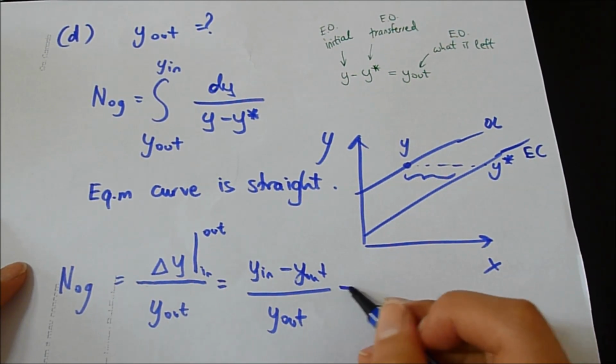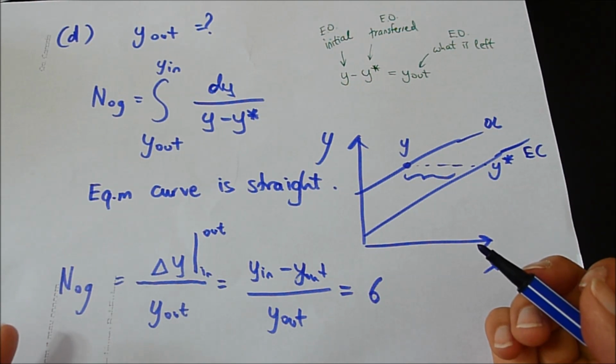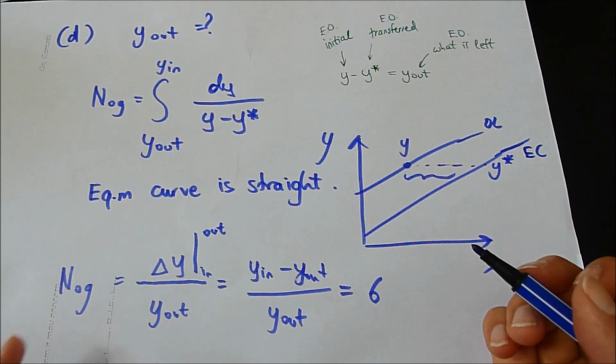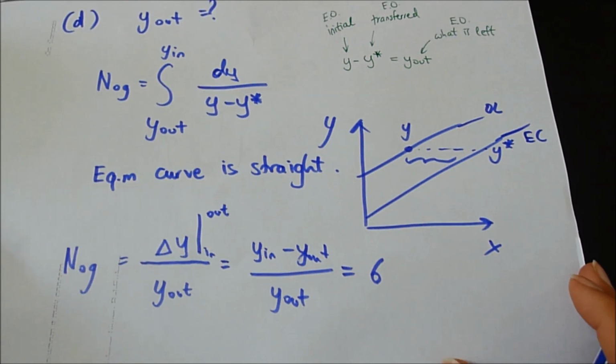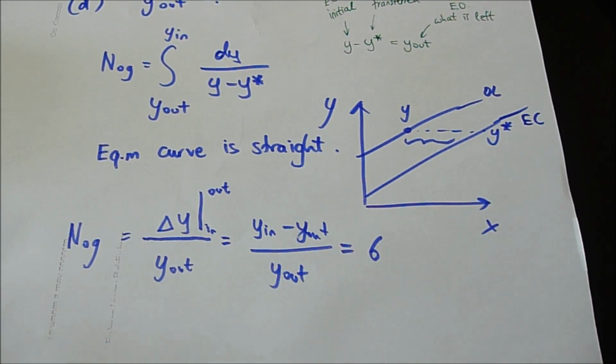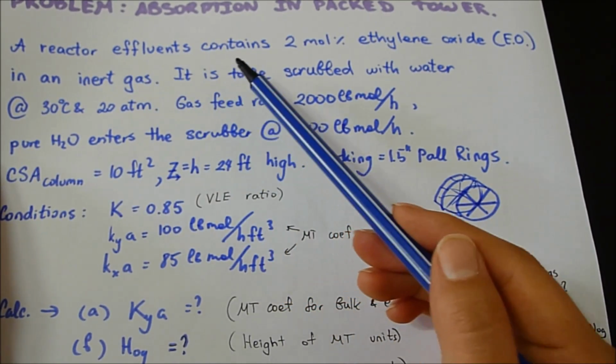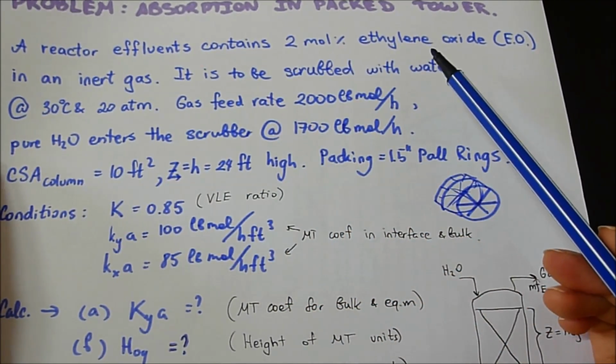And this is going to equal 6, because we found from the earlier calculation that NOG is equal to 6. And we know what y in is from our problem statement. It said a reactor effluent contains 2 mole percent ethylene oxide.